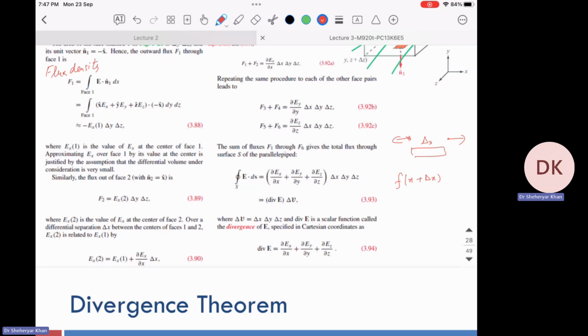I have uploaded the reference formula on the Blackboard as well. So you can see the Taylor series expansion, right?